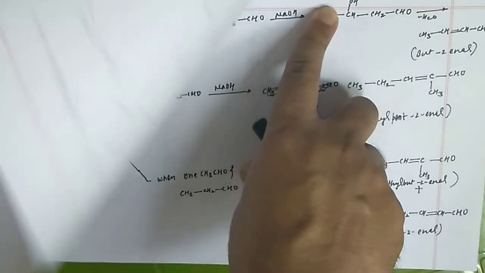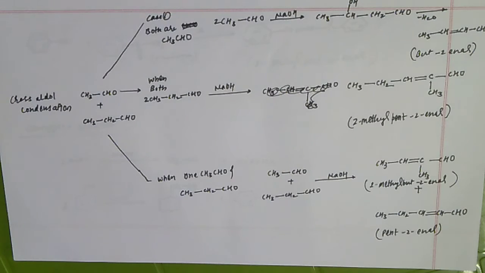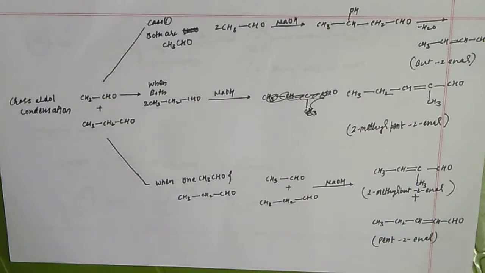Now let us move to another type of reaction, that is cross aldol condensation. Cross aldol condensation means we are taking different carbonyl compounds having alpha hydrogen.